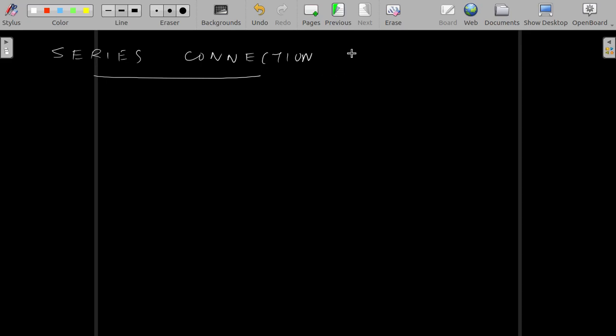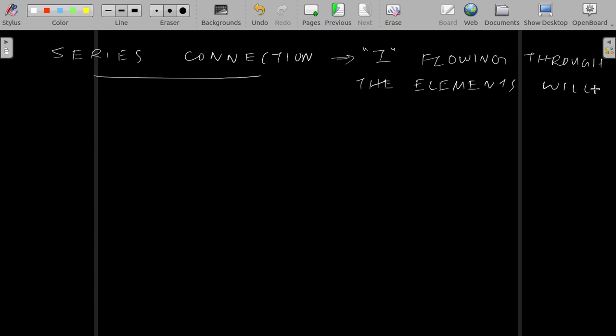The idea is that for a series connection, the current flowing through the elements will be the same.